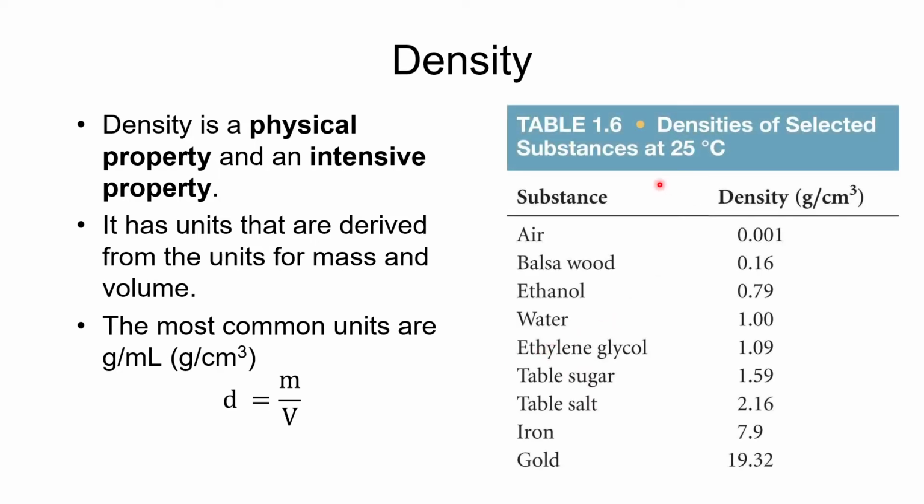And then if we come over here, we'll get the density of some common substances. Water has a density of 1 gram per cubic centimeter or 1 gram per milliliter. We'll see things that are less dense than water, like balsa wood, for example, will float on water. Air is much less dense than water. If we come down here, these things are much more dense than water. They will sink in water.